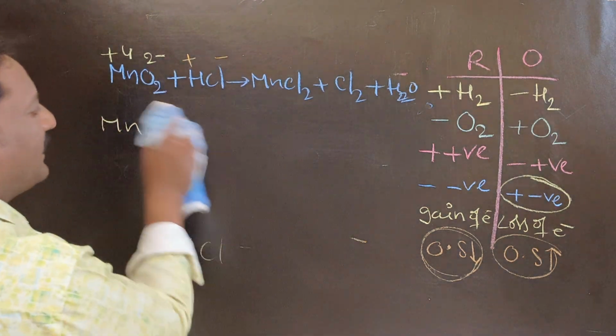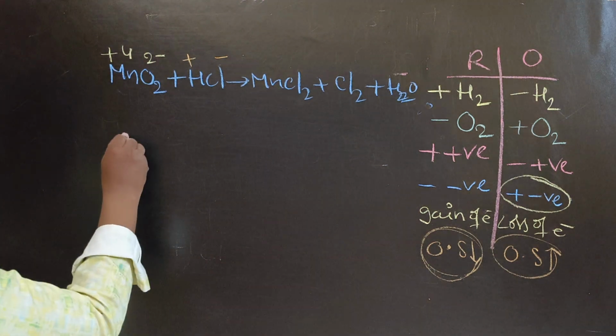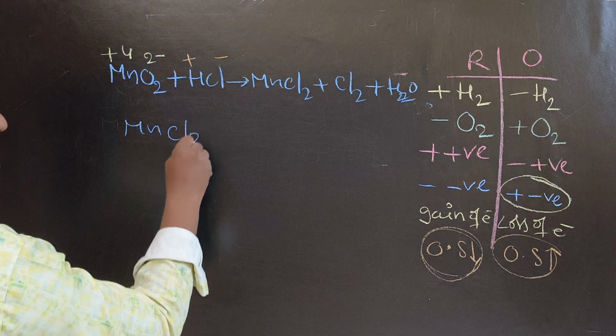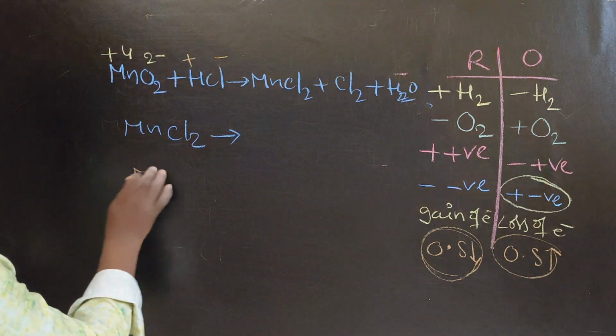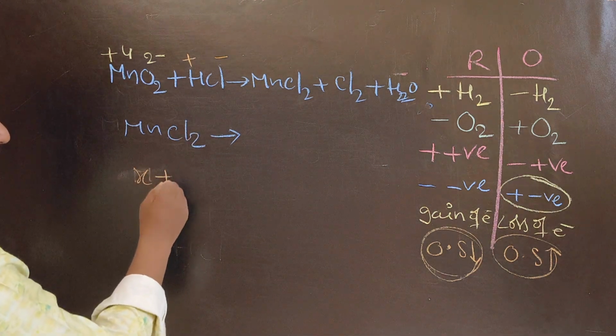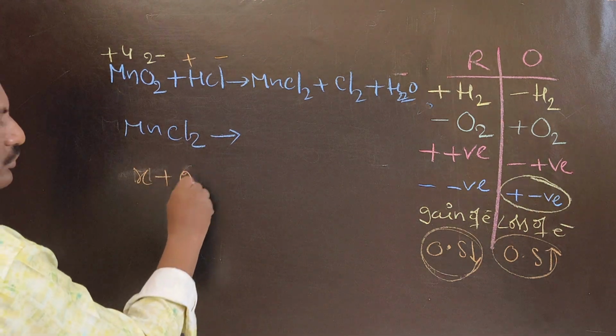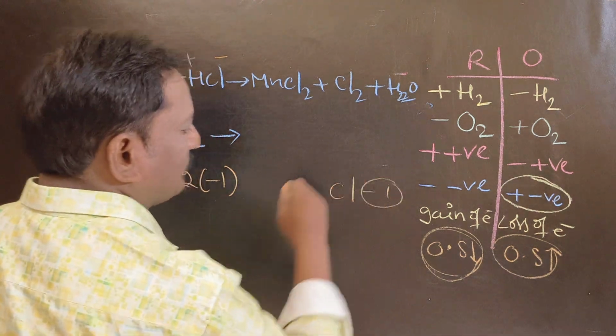Next, manganese chloride, MnCl2. Each chlorine is minus 1. So x plus 2 into minus 1, each chlorine minus 1. Please remember that each chlorine is minus 1.